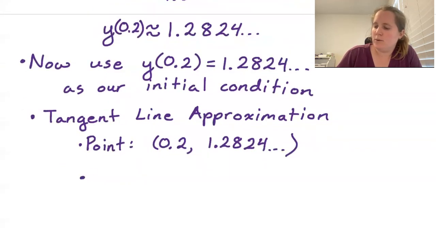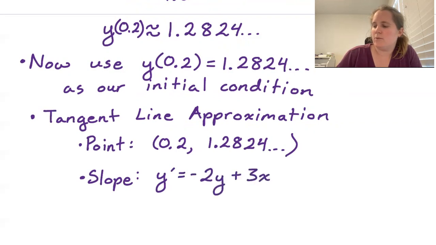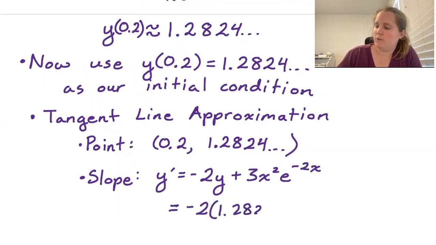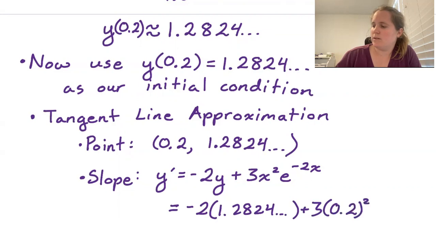Our slope, we will once again plug into y prime is equal to negative 2y plus 3x squared e to the negative 2x. So we have negative 2 times that 1.2824 plus 3 times 0.2 squared times e to the negative 2 times 0.2.